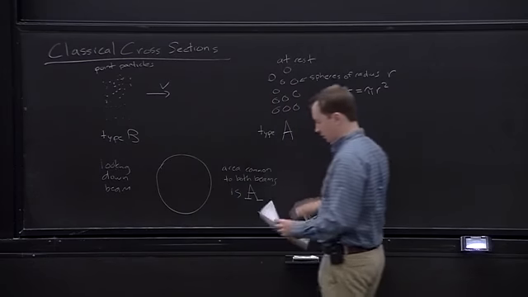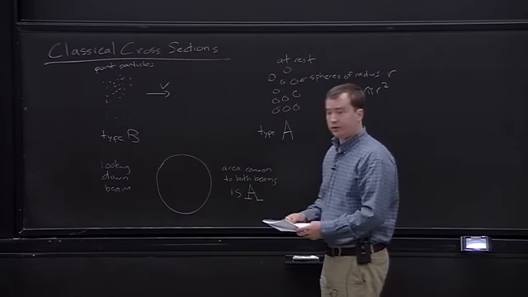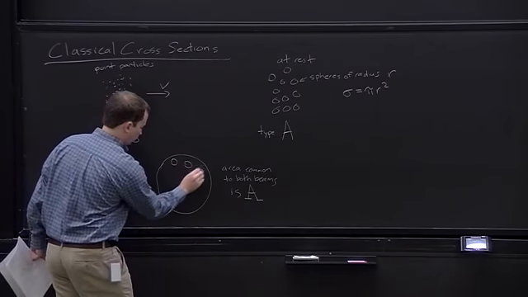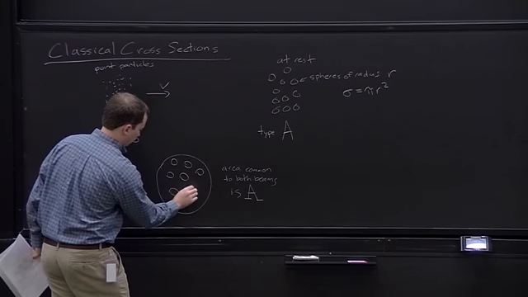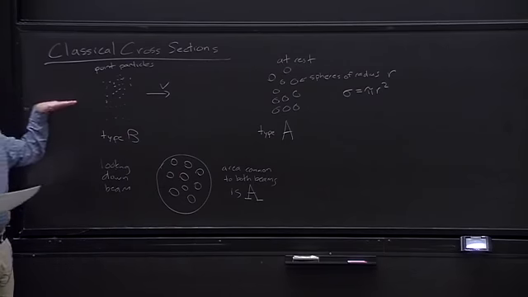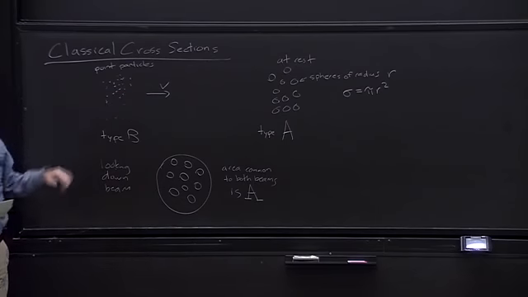It's different from this label. And so we've got our spherical targets, which just look like circles from this view, looking down the beam in this direction.